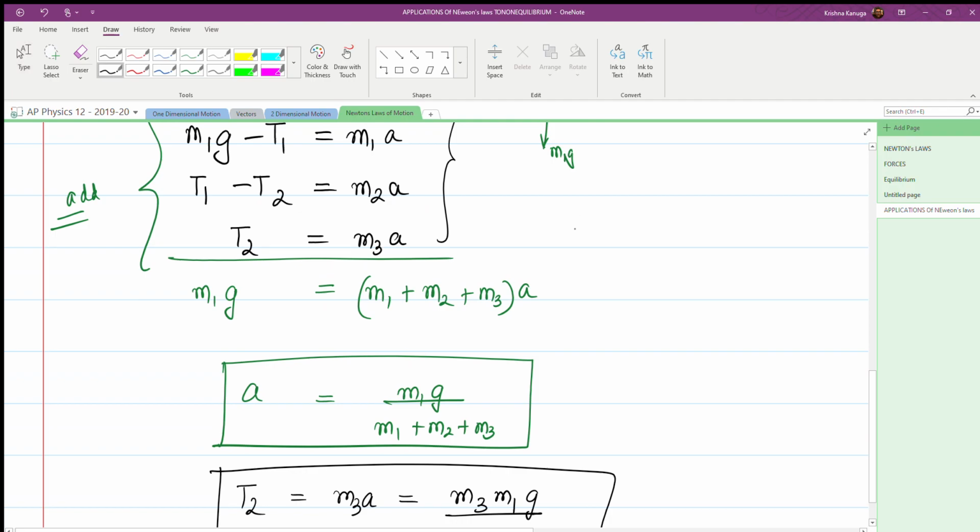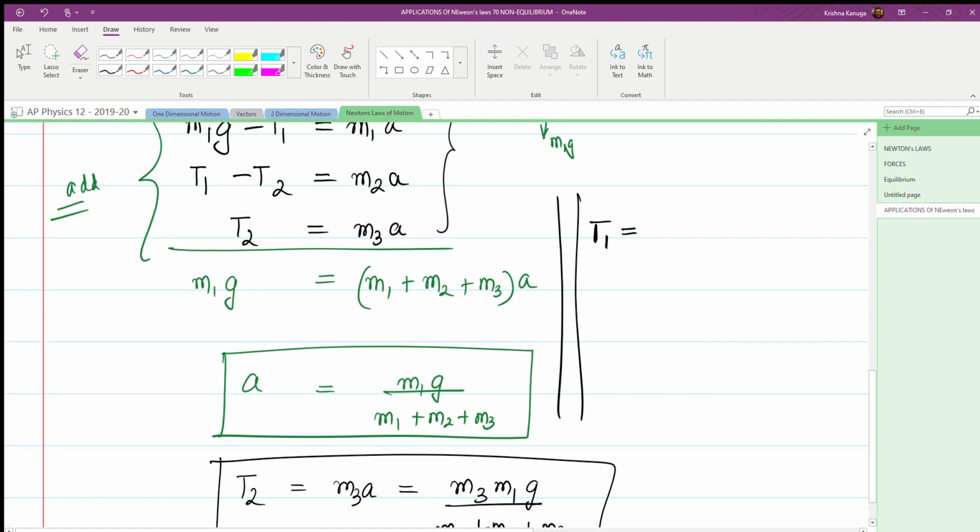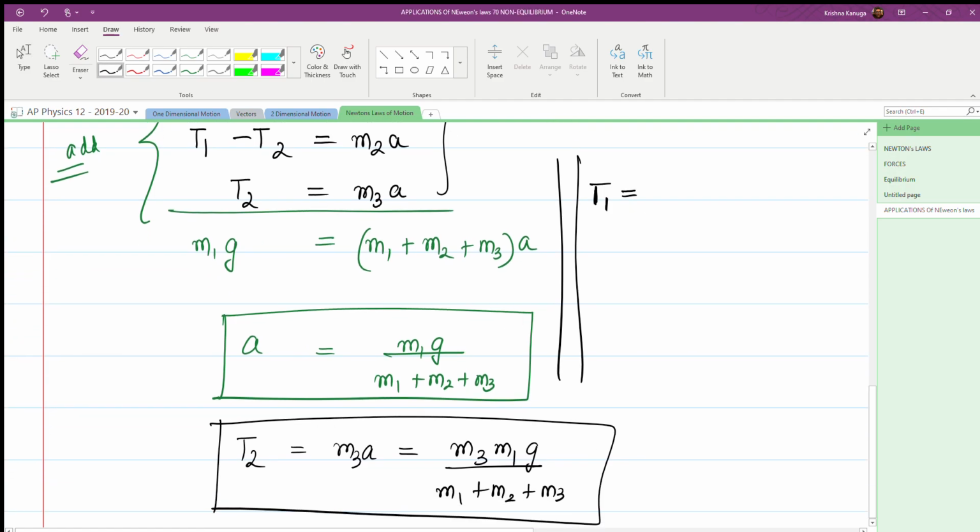We can now go ahead. I'm just going to write the work for T1. We'll use the middle equation to find T1. We see that T1 is equal to T2 plus M2A. Let me write this first as T2 plus M2A. We see that T2 is equal to M3A, and M2A.